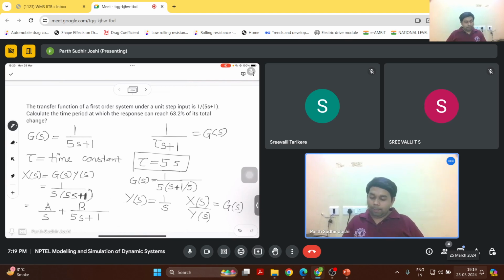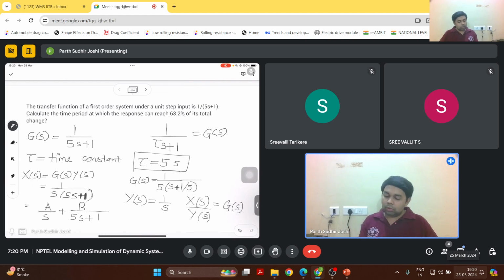We do this using partial fractions, and then we can simply take the inverse Laplace transforms of these individual terms, A by s and B by 5s plus 1, and then we can get the inverse Laplace transform for the overall system's response. Now how do we find A and B? By comparing the coefficients of the numerator and denominator.